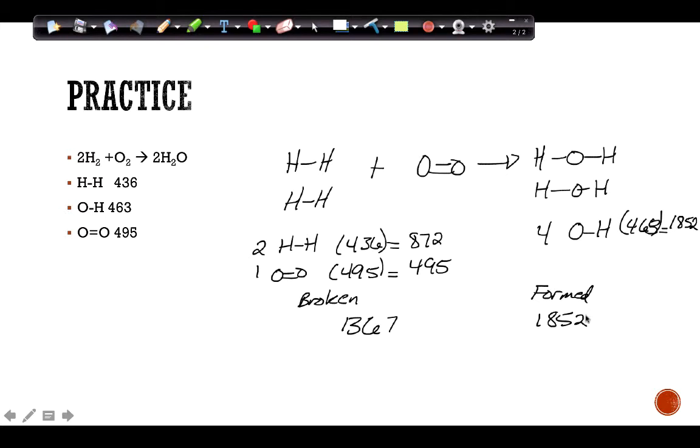Well, remember, if you make bonds, that is negative. If you break bonds, that's positive. So now we just add them together. So this plus negative 1852, because we're making bonds, which means that is negative, would give me negative 485, and I would have whatever unit they included here.